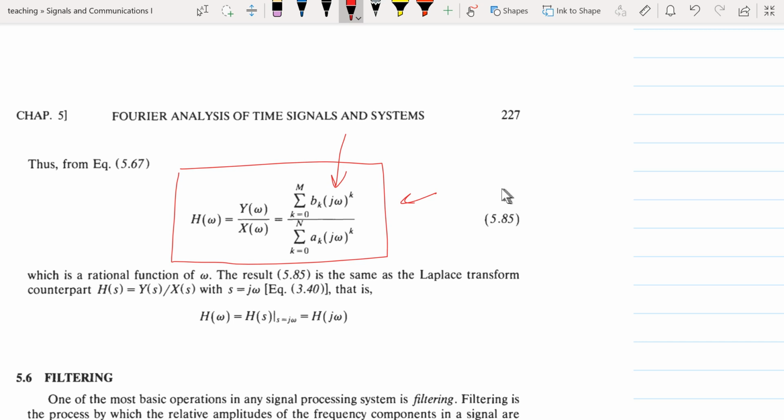That means you can express each of the numerator and the denominator as polynomials, like a ratio of integers, maybe 2/3 or something. This is what we call a rational function of omega. And the result of this equation is the same as that obtained using the Laplace transform. What we are saying therefore is that this is a very significant realization, that we can define the frequency response of a system even if it is described by a differential equation as we have seen above.